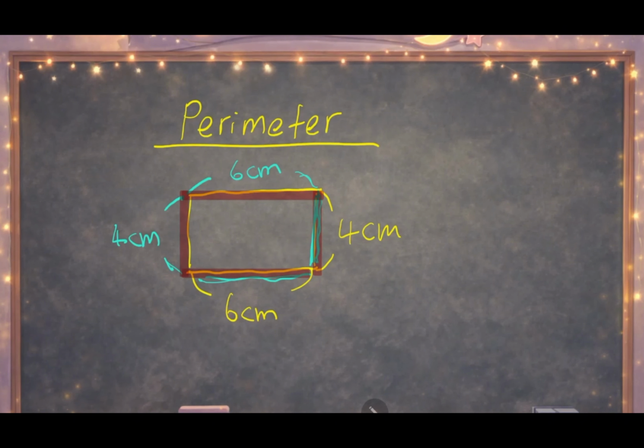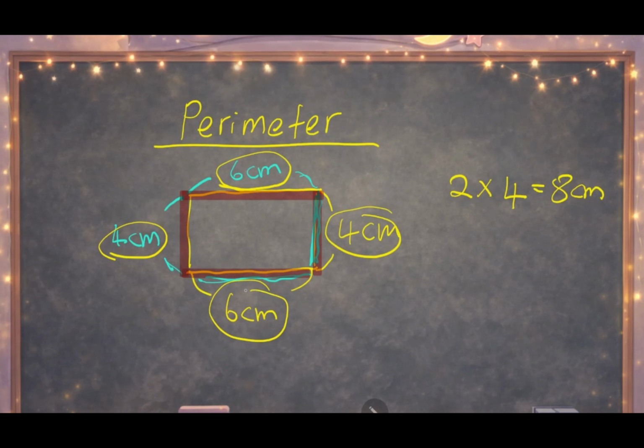You can see there are 2 of the 4 centimeters, so I multiply 2 by 4, which makes it 8 centimeters. And there are 2 of the 6 centimeters, so I multiply 2 by 6, which makes 12 centimeters.